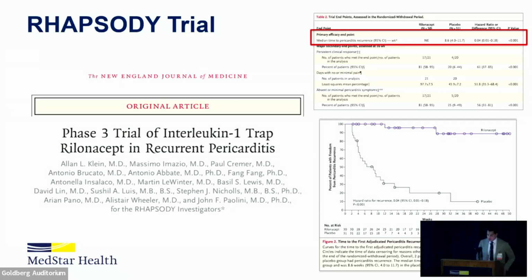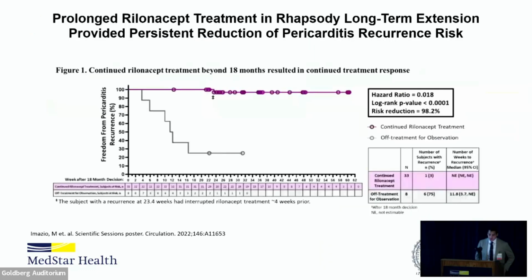And again, this was about 30 patients, so not a very large study, 30 patients in each arm, where they found the median time to pericarditis recurrence was significantly reduced in patients who were treated with 12 weeks of rilonacept. And this is from AHA, presented in 2022, where they found continued rilonacept beyond 18 months resulted in continued treatment response.